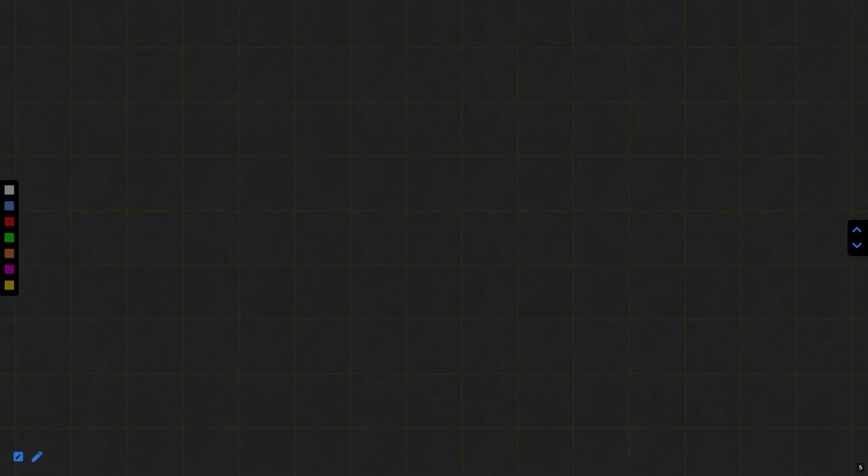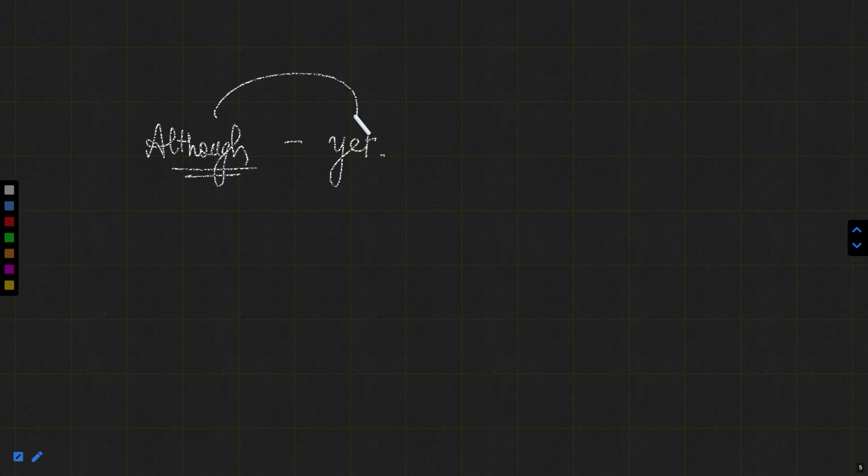Now one more thing with although, whenever we use although, we can have two situations. Although is actually a correlative conjunction as well as a single conjunction, which is used as the subordinating conjunction. Now we can also pair although with the word yet. So we can pair although with yet, or you can put a comma otherwise.